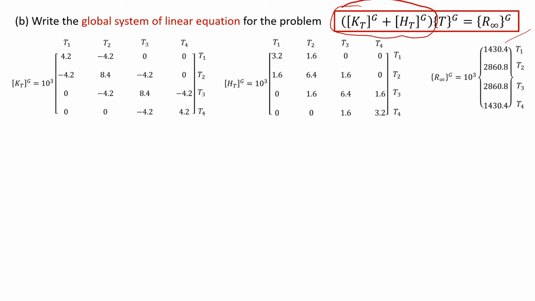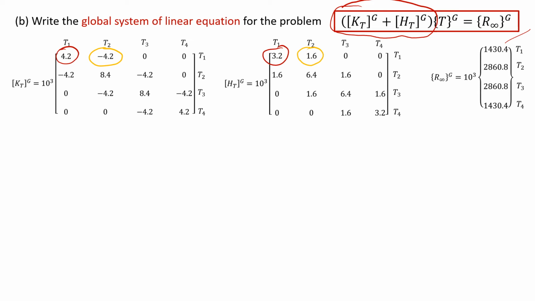To solve this, we just need to add the matrix K and H according to their position. For example, the K11 we need to add with H11. For K12, we need to add with H12.